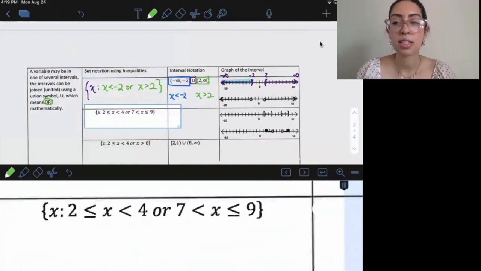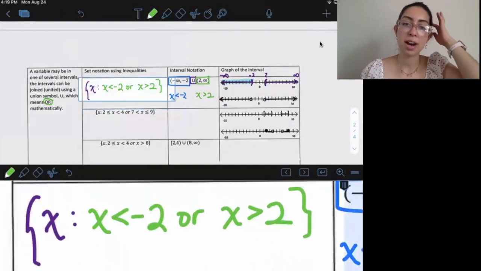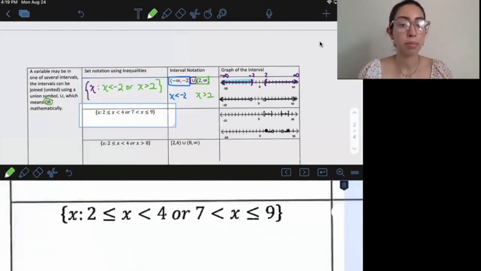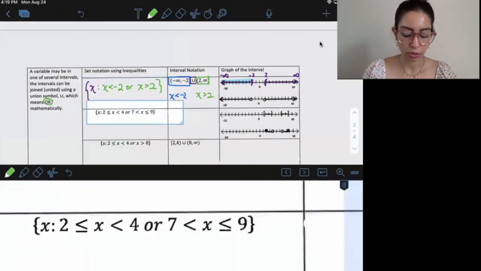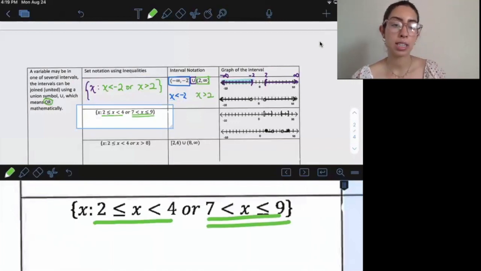We see the same thing is done here in the next set. However, both of these sets have numbers as their endpoints. This set that we did here just now doesn't have a number as an endpoint, it just goes to infinity. So that's why we see a lot more numbers in this case. And so what I'll do is I'll just break it down into 2 pieces. So this first piece, x is between 2 and 4, including 2 and not including 4.